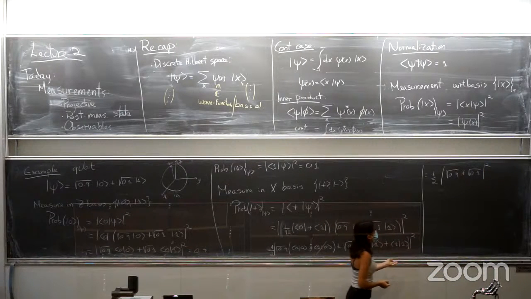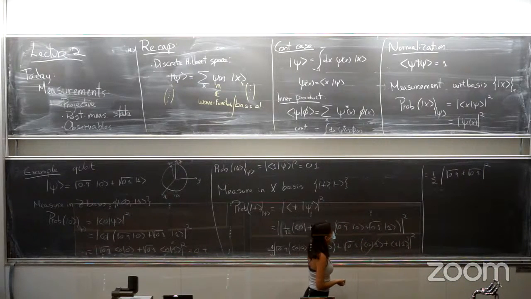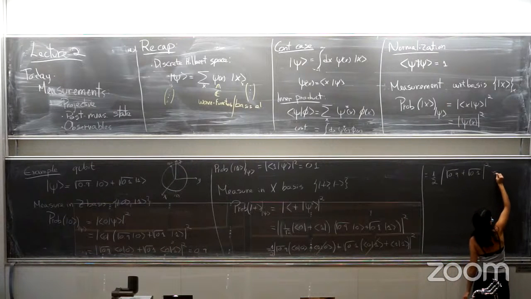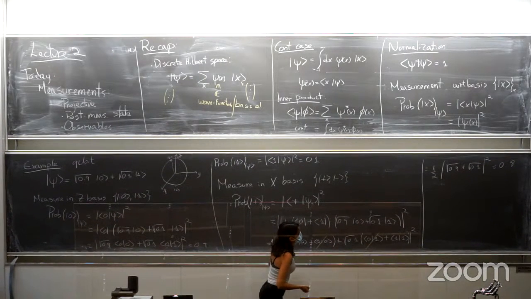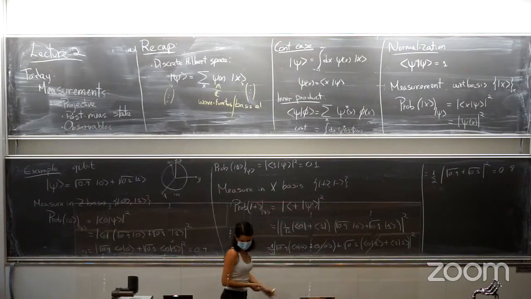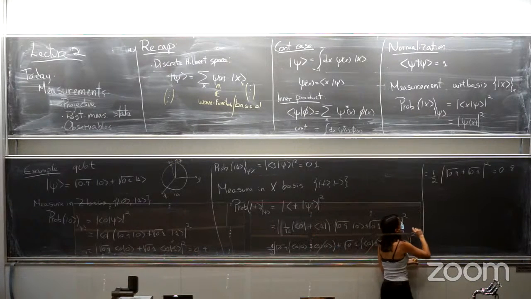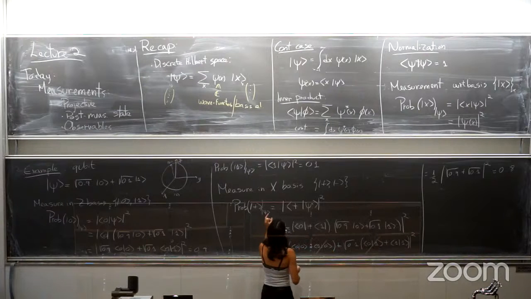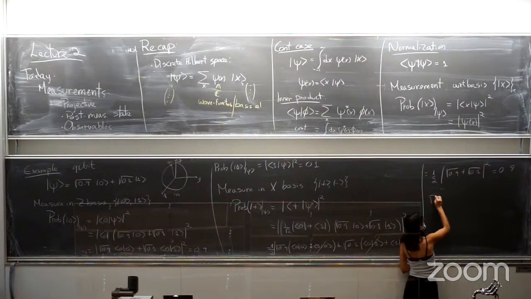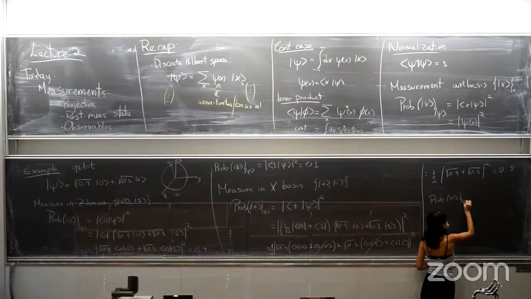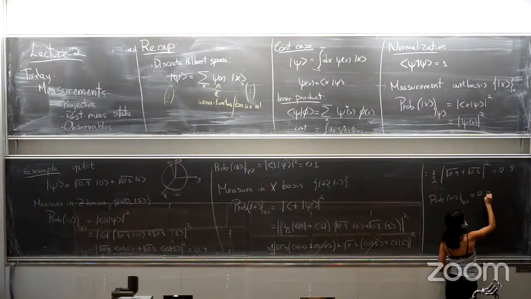And this looks like it's going to be some horrible number, but it turns out to be just 0.8. I thought I'd made a mistake when I did it because it looked too nice, but it's this. So you can do the same for the minus state, and it's going to be, of course, 1 minus 0.8. So the probability of getting minus is going to be 0.2.